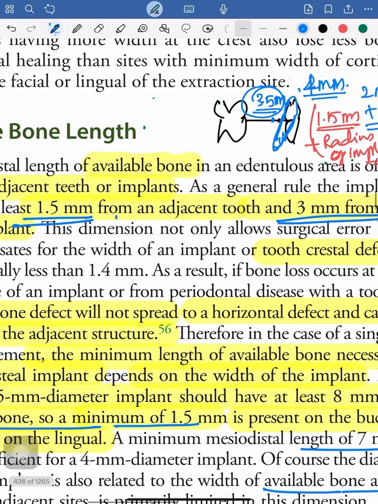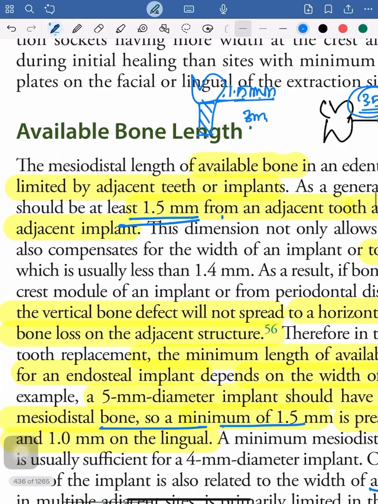Okay, one more thing, if you are placing an implant adjacent to another implant but that implant is restored, you need to consider it as a tooth, and the clearance would again be 1.5 millimeter. So if an implant is restored, don't take 3 millimeter clearance, take 1.5 millimeter of clearance. From now the question arises from where you want to get this clearance.